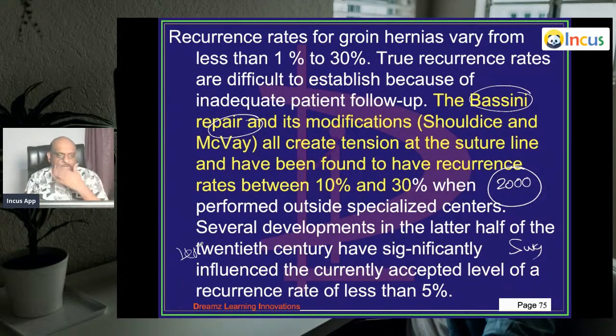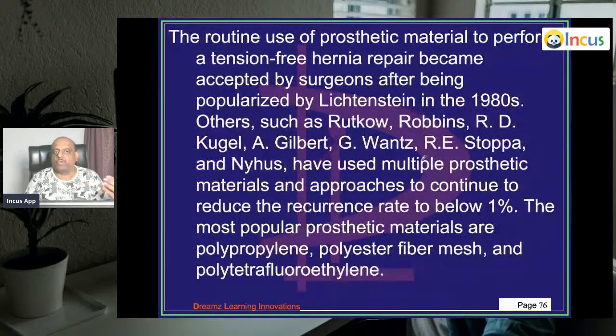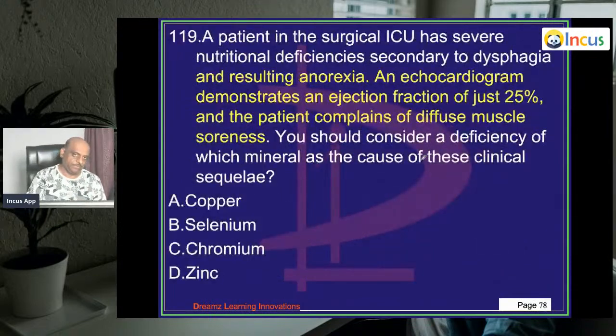Shouldice repair, McVay's repair, they are the modifications of the Bassini, but they all create tension at the suture line. That's the reason, in fact, they will increase the recurrence rates. That's the point you need to appreciate.